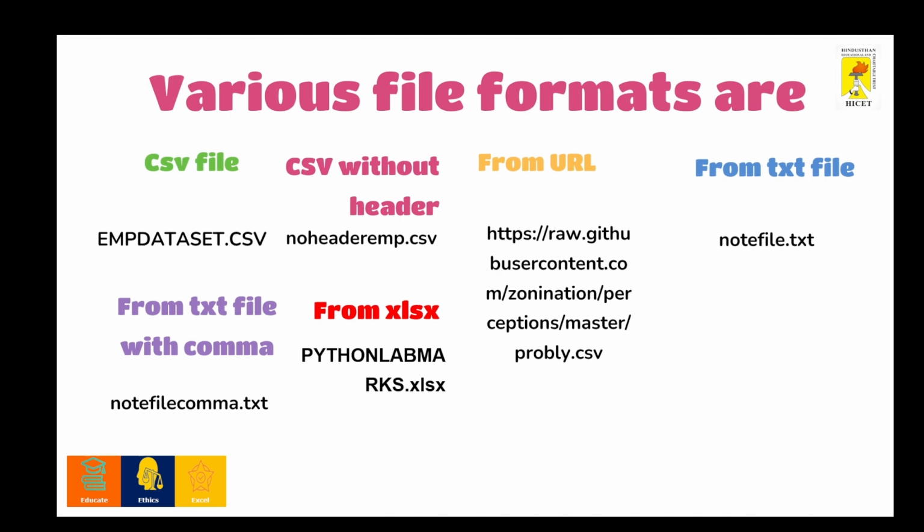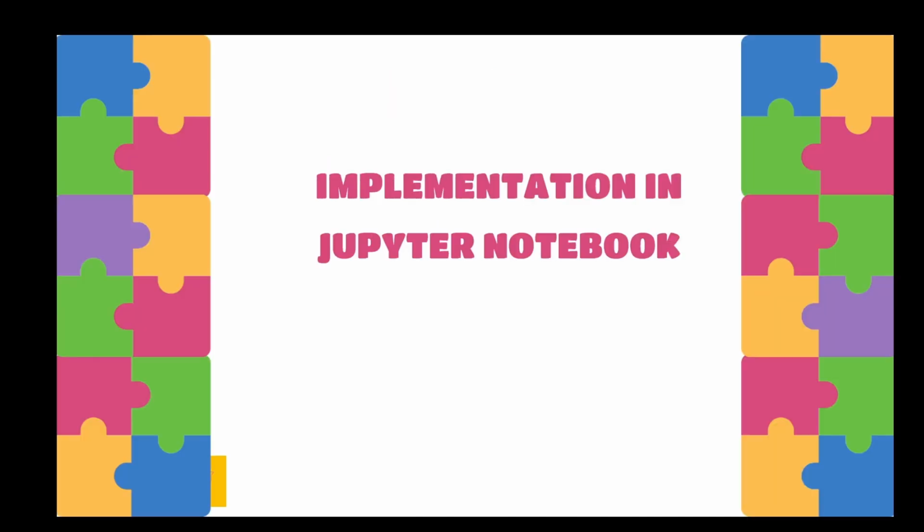The fifth step is uploading a text file where the comma is the separator between input features. By default, the tab is the separator in a notepad file, so if you have a comma separated representation, how do we do the process? The last one is how to upload the content from an XLSX file. To start with the operations, I am going to show you the implementation through a Jupyter notebook. Please stay back.